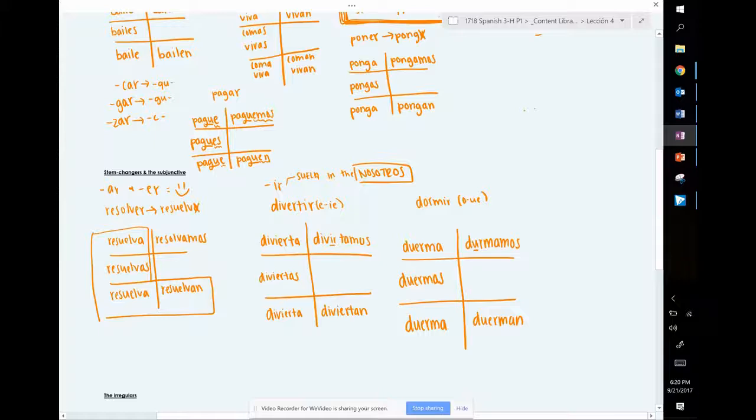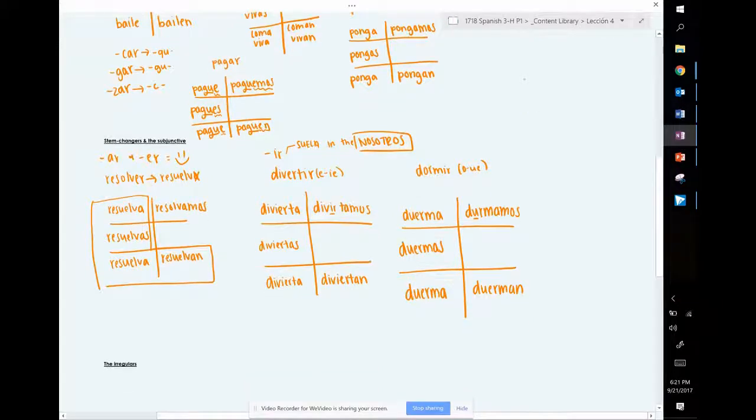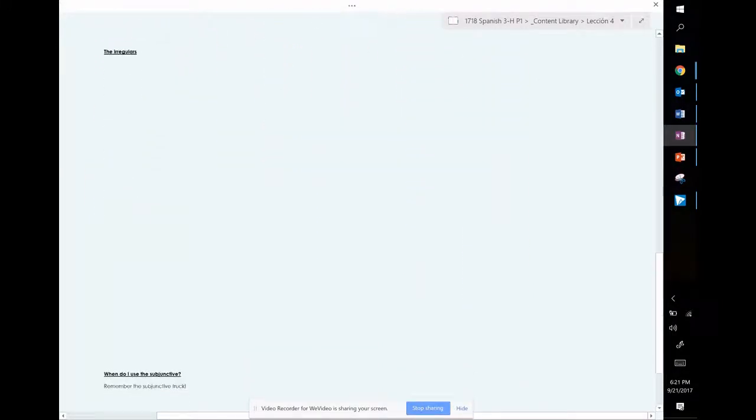One last type of verb that we need to talk about in terms of conjugating into the subjunctive would be irregular verbs, because it's Spanish. There's always irregular verbs. There are 6 of them, and you guys actually already know them because they're the same as the irregular usted and ustedes commands.